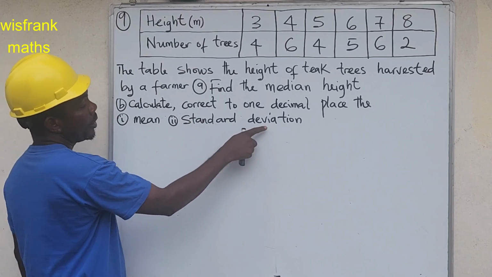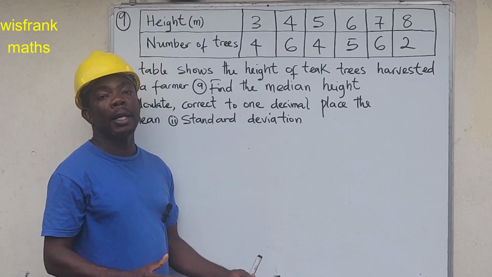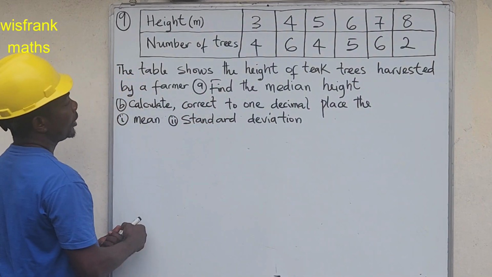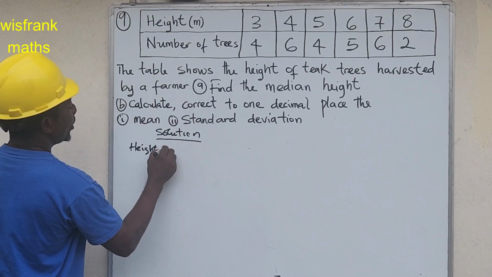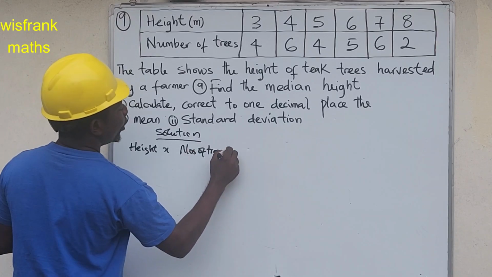II. Standard deviation. So from this table, we are going to tabulate another table that will help us find the mean of the trees harvested. So we have the solution. This is the height, which is x, and this is the number of trees, which is f.